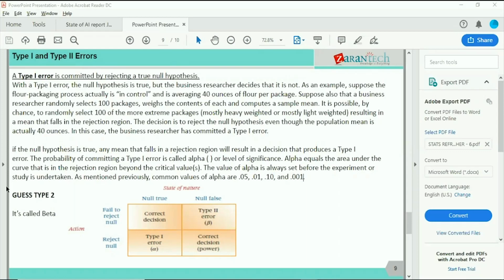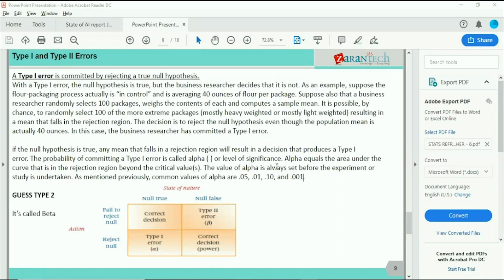I have not written the definition here. You can find it anywhere, but I want you to develop a notion around it. When you look into it, you should directly get a hold of it. What is the difference between the type 1 and type 2 error? In both cases, we are making an error, right?